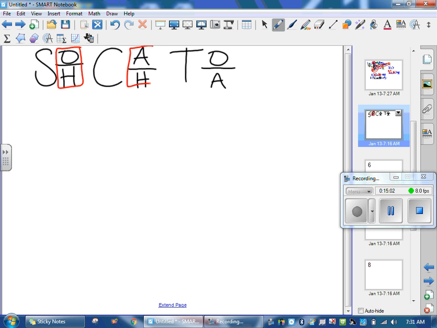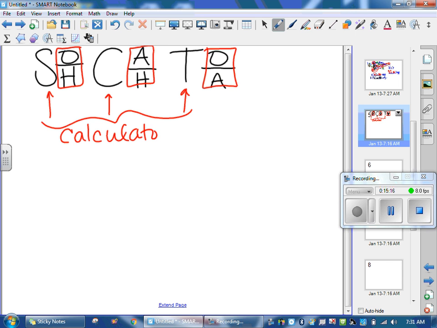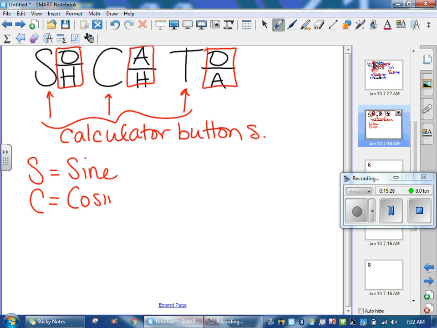Because the large letters here, the S, the C, and the T, those are actual calculator buttons. So the S stands for sine, the C stands for cosine, and the T stands for tangent.